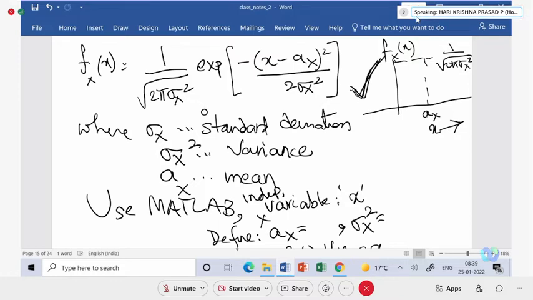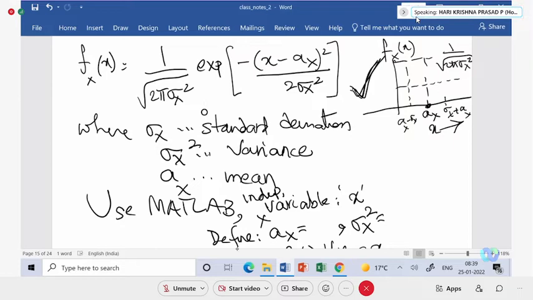Is it fine? Now you consider the value of f_X(x) at other values of x on either side of a_x. Consider x equal to a_x plus sigma_x and a_x minus sigma_x. In other words, on either side of the mean value a_x, I am considering a spacing of sigma_x units.